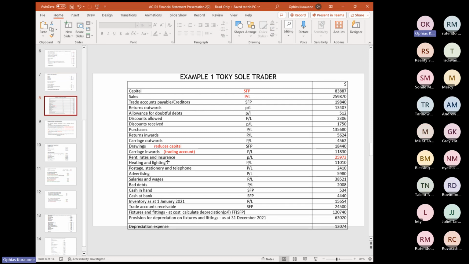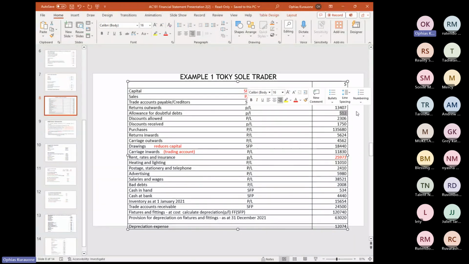So here the allowance which is already provided in our own case, that is an allowance for doubtful debt, you've got 512. That is what we already provided.